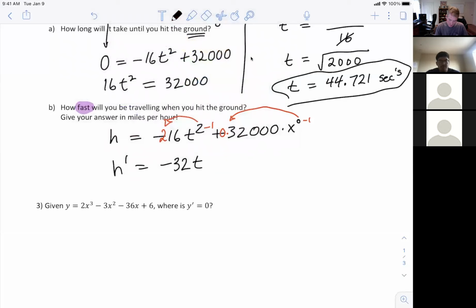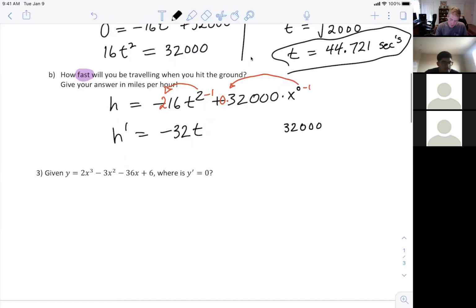Sorry, where'd you get the x to the 0 from again? So I was taking the derivative of 32,000. And usually I just say the derivative of a constant equals 0. But the reason that it equals 0 is because you could take 32,000 and rewrite it as 32,000 times 1.